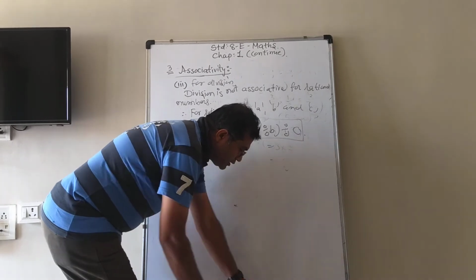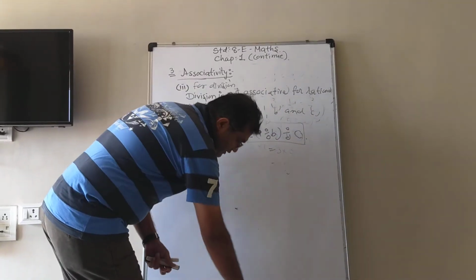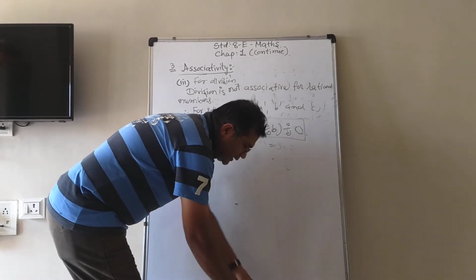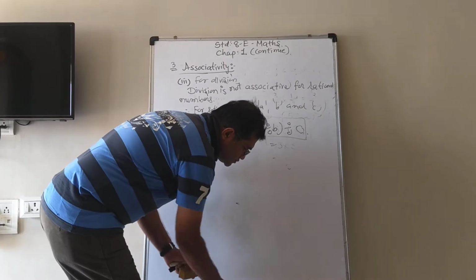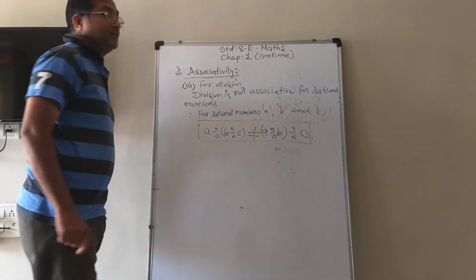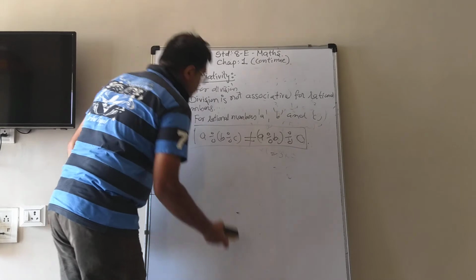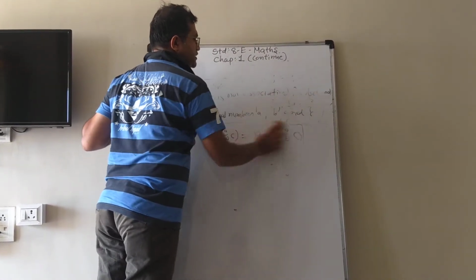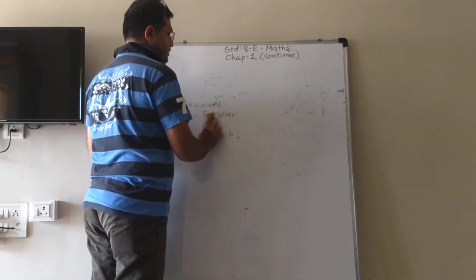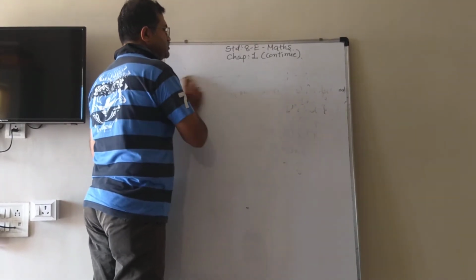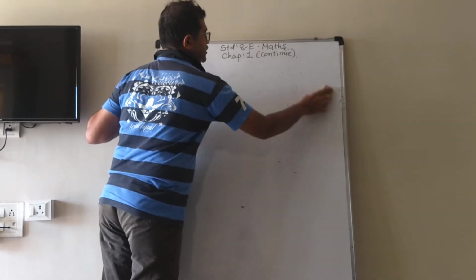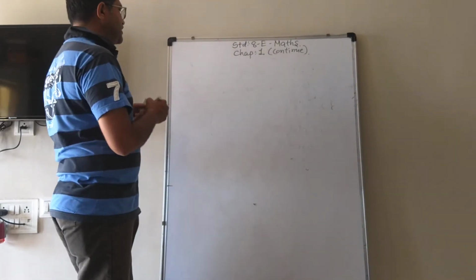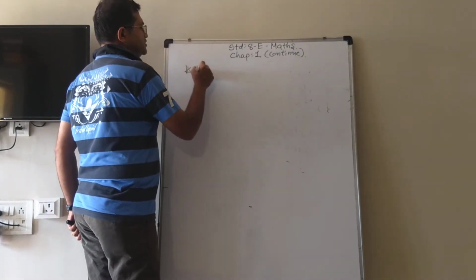Now we have to learn about the role of 0 and the role of 1, that we are going to do now. And after that, in the next session, we will learn a very, very important property, the distributive property, that we are not going to do today, but it will be in the next lecture. So here, first we will know about the role of 0.